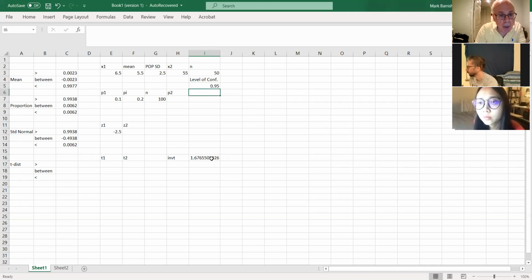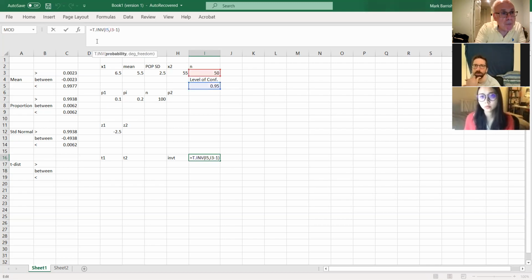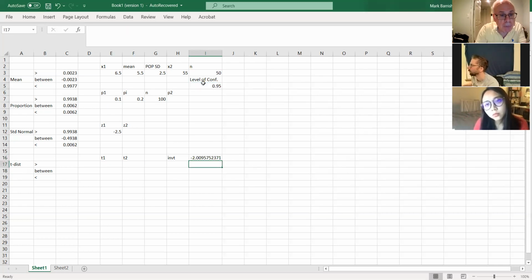And then what am I going to put in here? I'm not going to put I5 in there. I'm going to put parentheses 1 minus I5, close parentheses, divided by 2. Right? Is that right? Did I do it right?